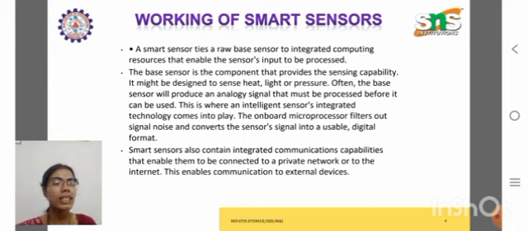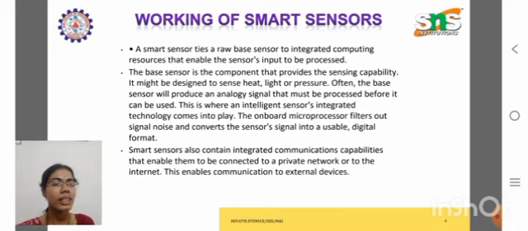Working of a smart sensor. A smart sensor ties a raw base sensor to integrated computing resources that enable the sensor's input to be processed. The base sensor is the component that provides the sensing capability. It might be designed to sense heat, light or pressure.